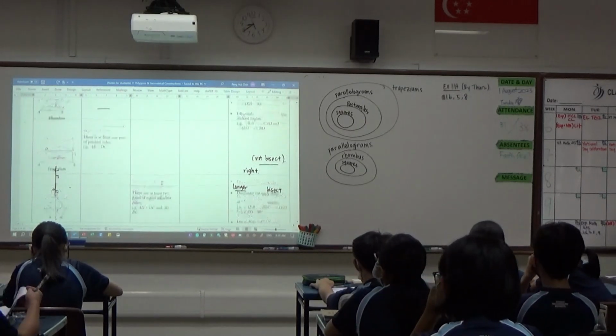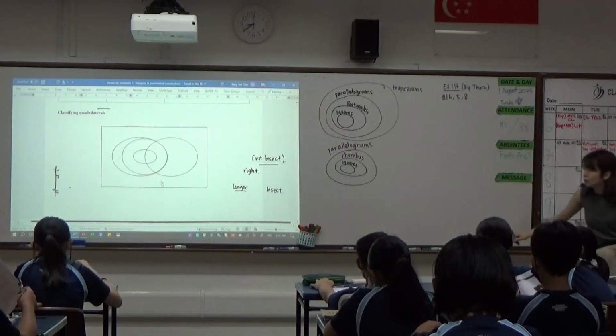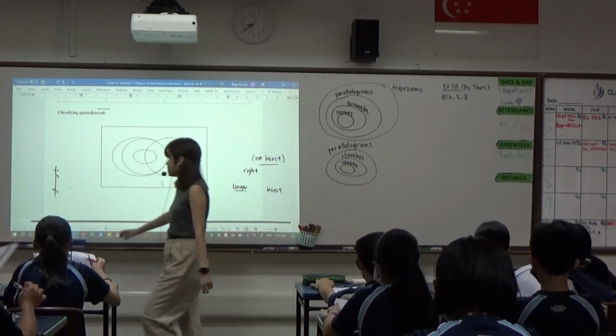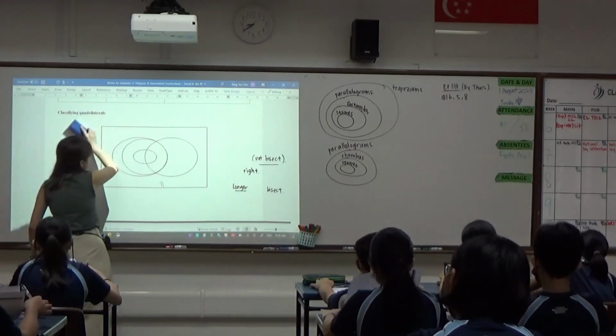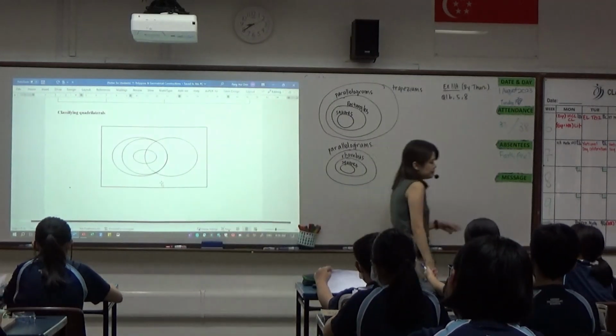Alright. Now let's go back and classify our quadrilaterals. In the notes that I printed for you, I realized after printing that I might have made a small mistake when I printed this diagram.